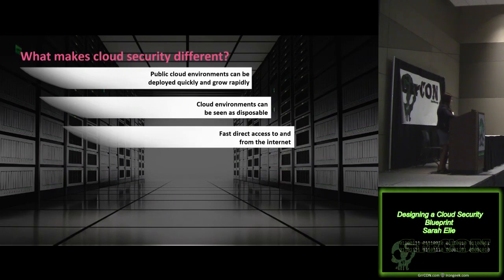That fast, direct access to the internet, in the cloud, can cause poorly defined network borders. In your physical environment, your internet line comes in one place. That's your outside border. You have well-defined borders because you're limited by where the internet comes in or goes out. In the cloud, it can come from anywhere.